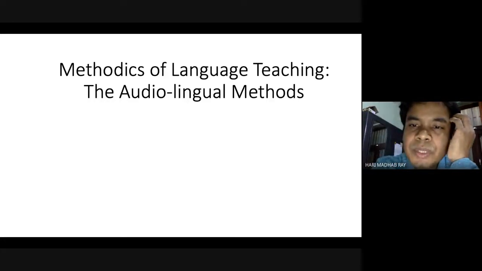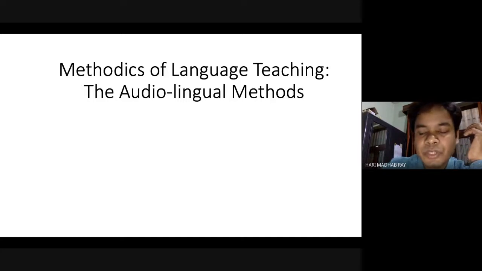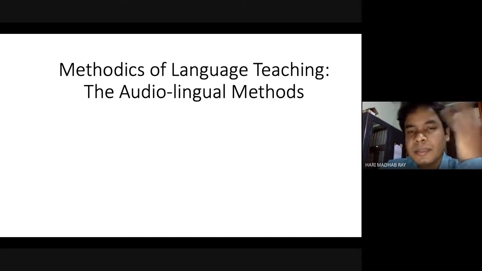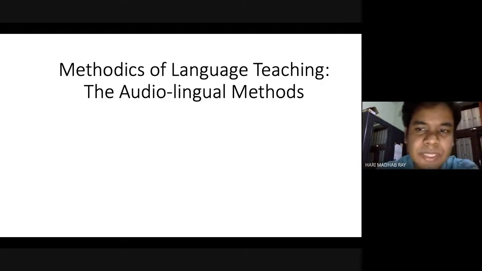The audiolingual method has a whole background, a socio-historical context. If you look at why this method came into the picture, and also why the direct method did, the need for language learning was different earlier, and it was changing.